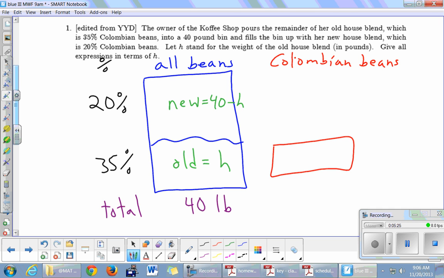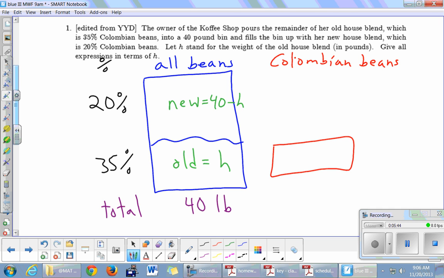Okay, so now I'm ready to get back over to the red stuff that I had started on before. I just want to imagine picking out the Colombian beans only from this old house blend. Now we have H pounds of beans altogether down there at the bottom, and 35% of them are the Colombian beans, right?